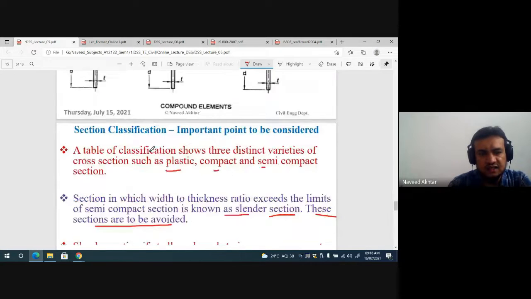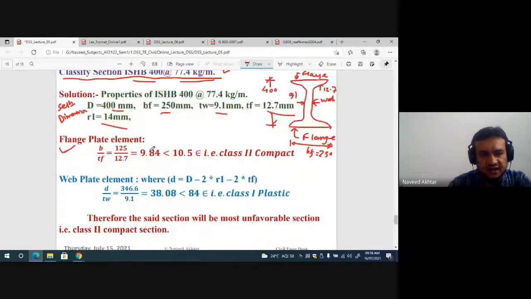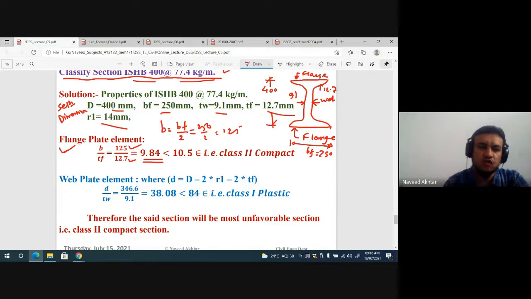So here you can see I have written the value of b. The value of b is nothing but BF by 2, and 250 upon 2 is nothing but 125, and this is b. The thickness of flange you can take directly, then when you divide, your value will be 9.84.